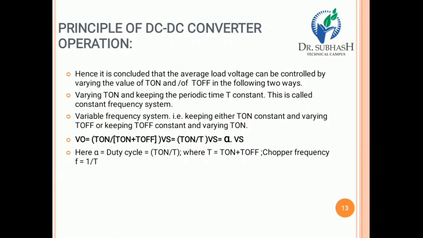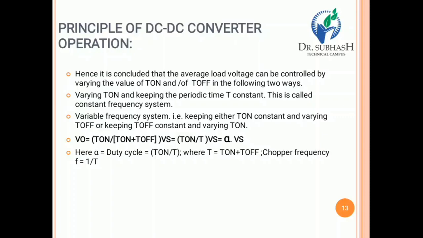So the equation is V out equals T on divided by T on plus T off, into Vs. T on plus T off is known as the total time T. So we get the equation T on divided by T, into Vs. If we consider T on by T as the duty cycle, it can be represented as alpha.